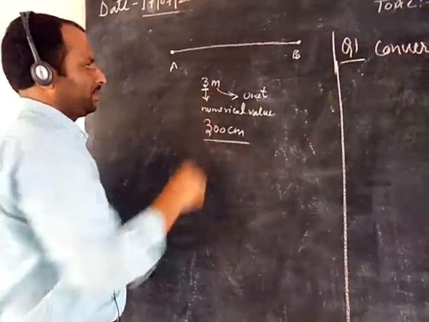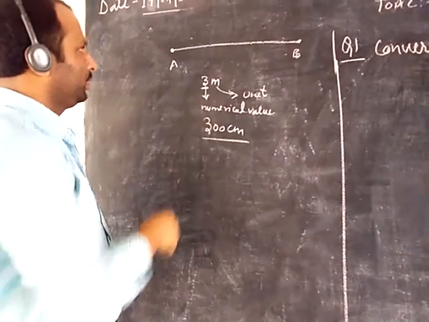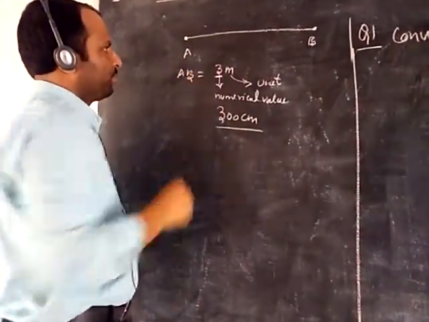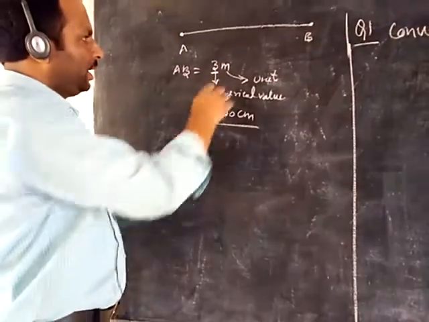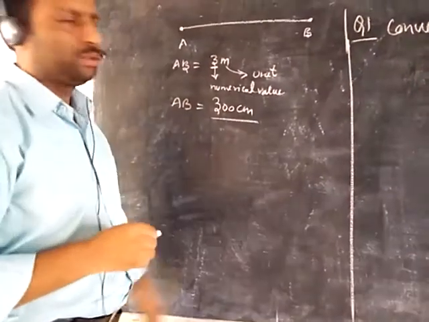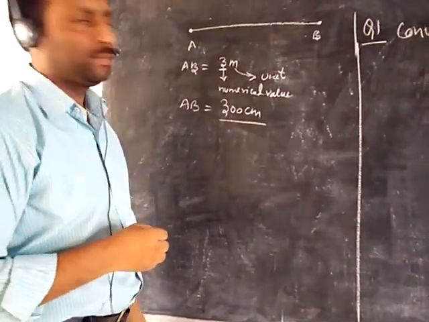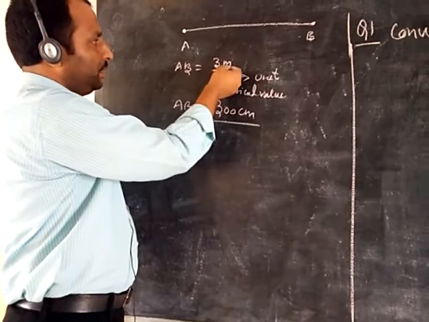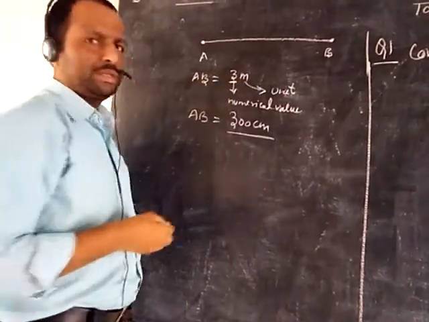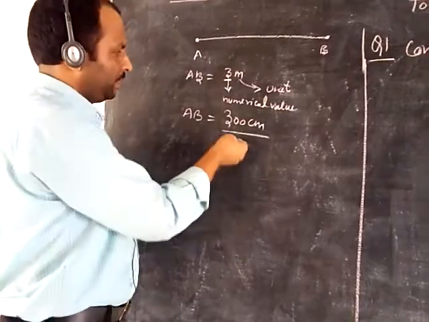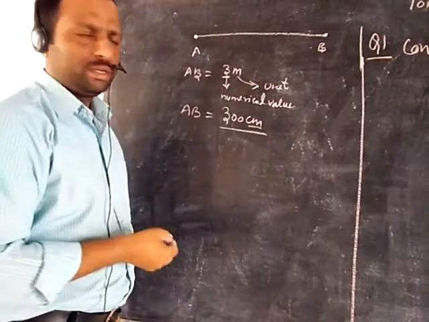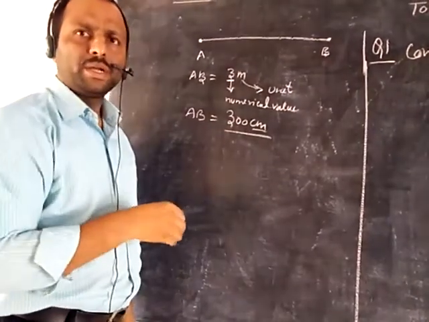So from this, what we have concluded is that the distance between the 2 points in one system is 3 meter, and in another system this distance comes out to be 300 centimeter. Here the unit is larger and the numerical value is smaller, whereas in this case the unit is smaller and the numerical value is greater.